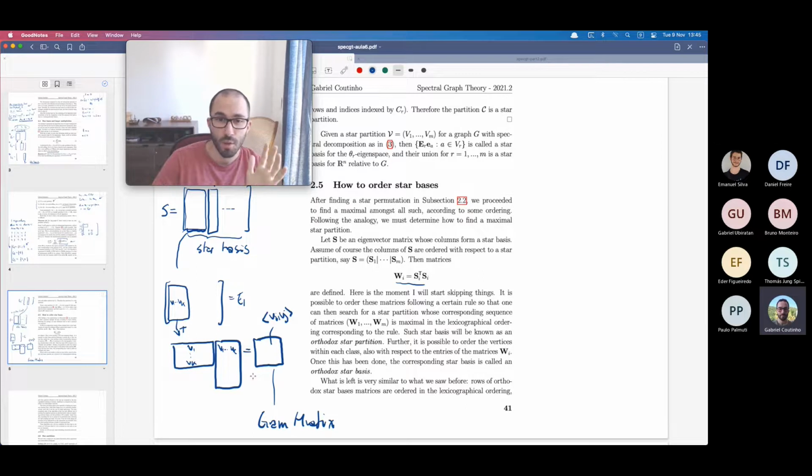Now, here's the moment that I will actually stop, and I will not keep discussing the details because they get extremely boring. And frankly, they have an importance, but they do not lead to an efficient algorithm for graph isomorphism.